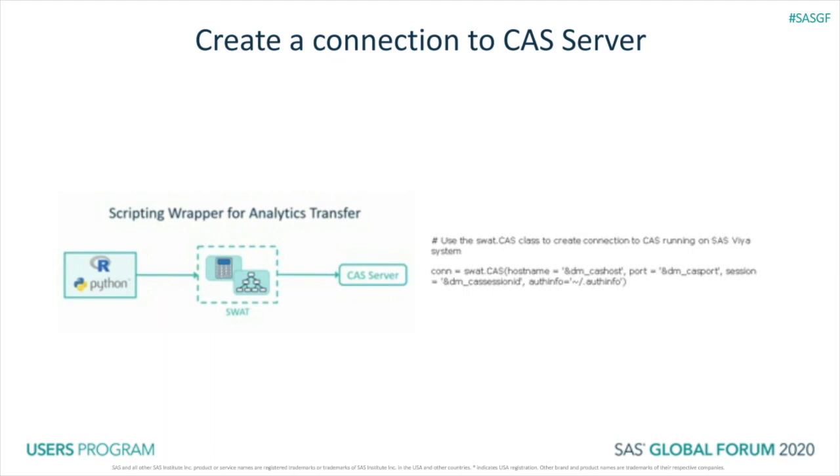The DM_CAS session ID macro variable resolves to the CAS session associated with the SAS code node. The SAS code node editor provides these various macros and macro variables, which makes it easy for users to write efficient code.